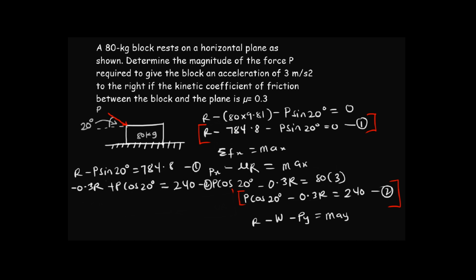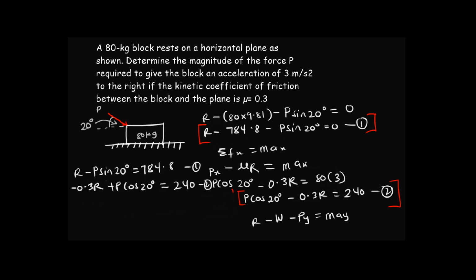For equation 1, the coefficient of R is 1, the coefficient of P is sine 20 degrees, and all this will be equal to 784.8. Let's do the same for equation 2 also. We'll have minus 0.3 as the coefficient of R, and then cos 20 for the coefficient of P, and this should be equal to 240.